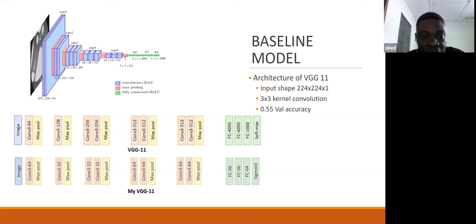So I just wanted to keep everything simple and see how it performs, right? And I gave it an input shape of 224 by 224 on the grayscale. And I did a 3x3 kernel convolution. And at the end of 10 epochs, I had a 0.55 validation accuracy. Not so good, might just be doing some guesswork in there. But yeah, this was just a simple model.